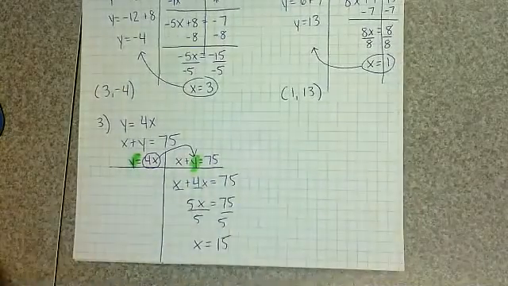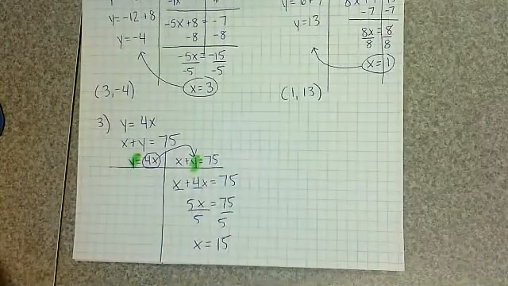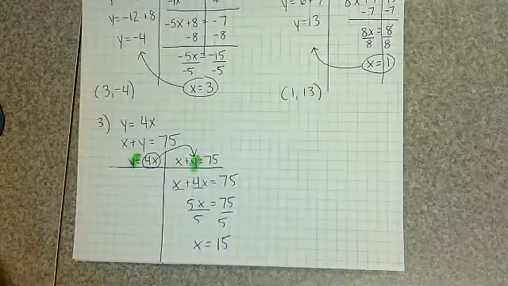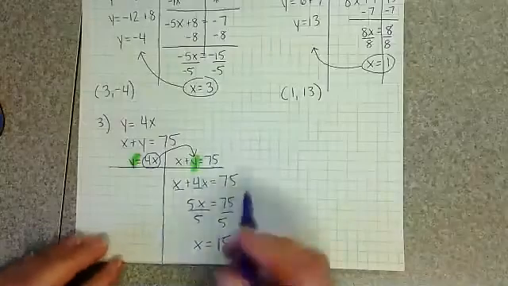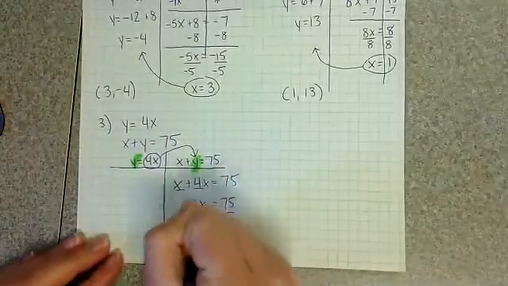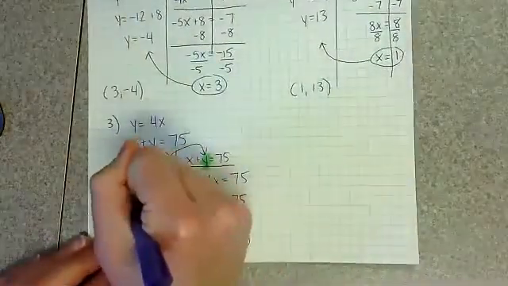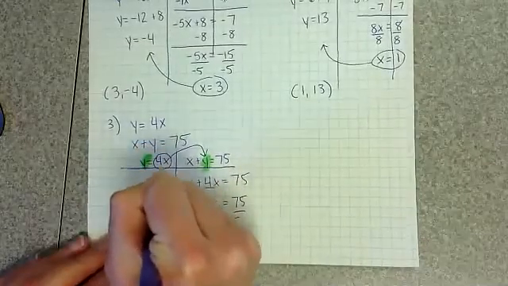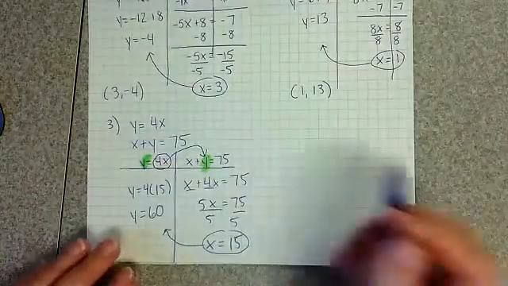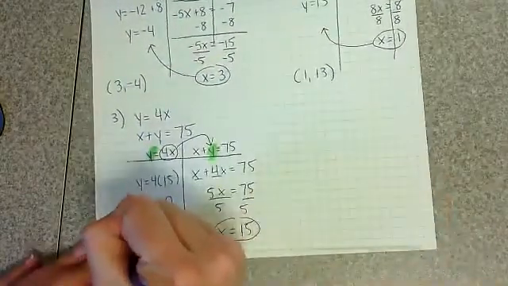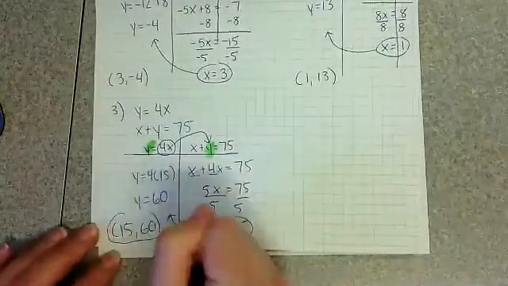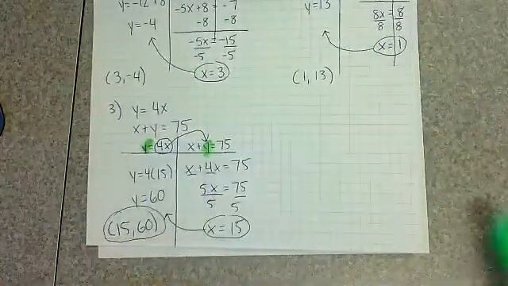Divide and we end up with 15. Take your 15 and bring it back over to solve for y, and we end up with 60. So final answer, which a lot of you are sending in: x is 15, y is 60. This would be your final answer, yes.